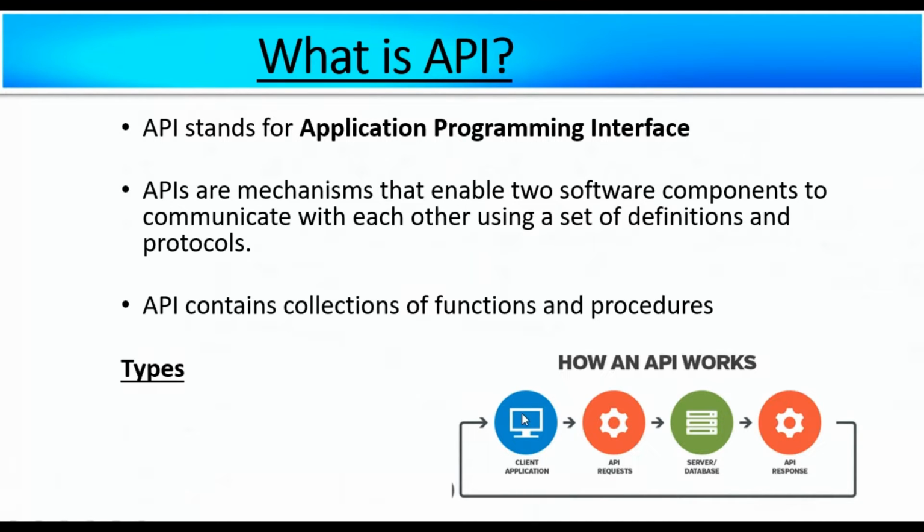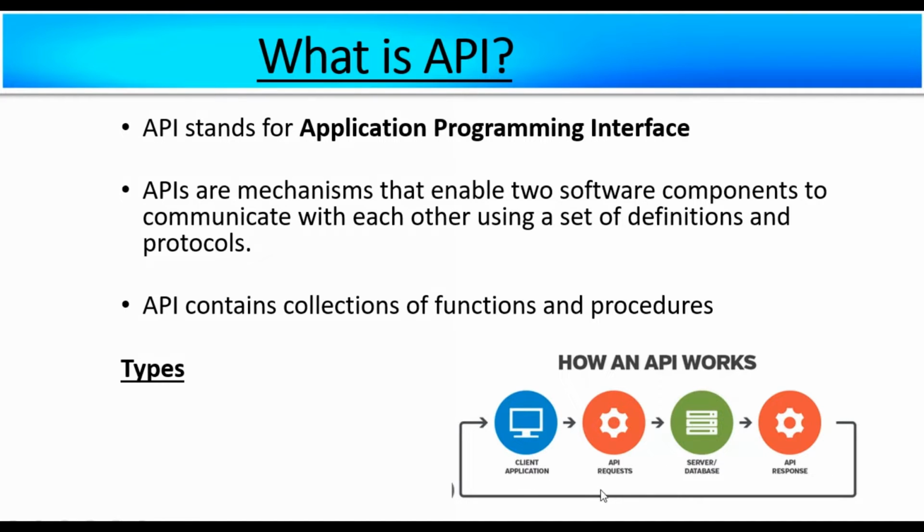Firstly, if you look at this diagram, we have the client application, that is nothing but our system, that is nothing but our computer. From our computer, we can prepare the API request. After preparing the API request, we can send it to the server side. After sending the request, firstly a connection will be established between the client application and the server.